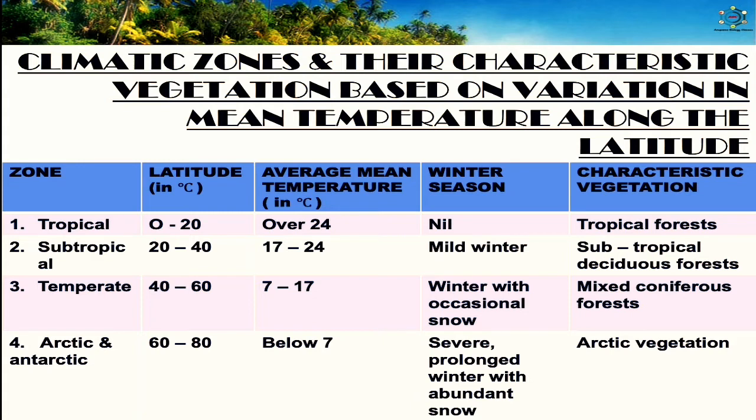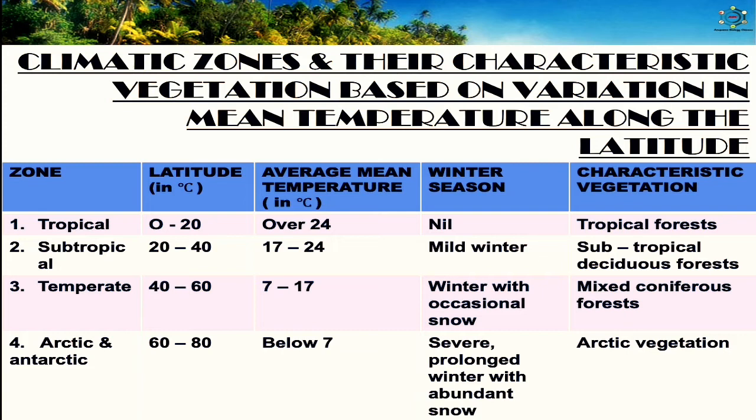There are four zones which are tropical, subtropical, temperate and Arctic and Antarctic. In tropical zone, latitude is 0 to 20. Average mean temperature is over 24. Winter season is nil and the characteristic vegetation is tropical forest.